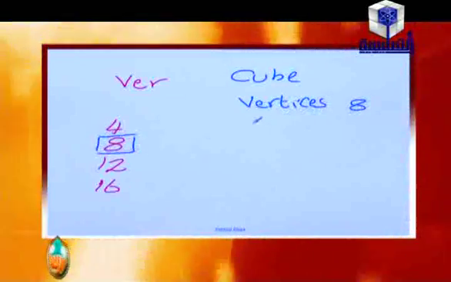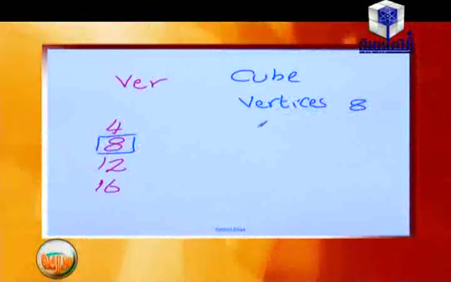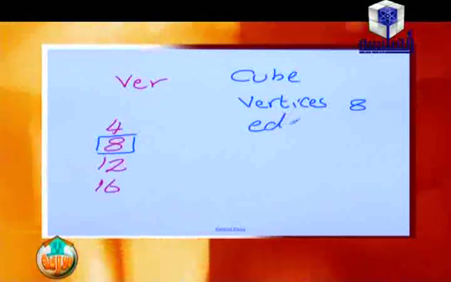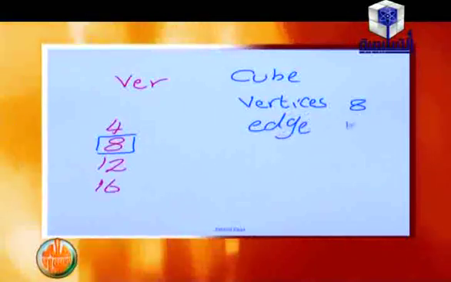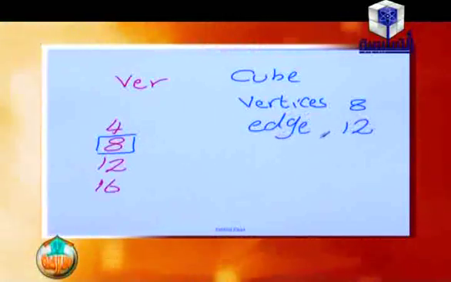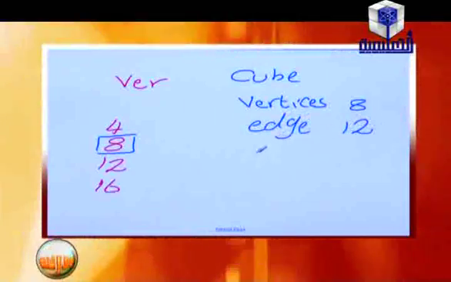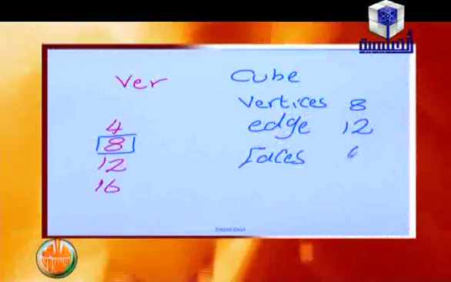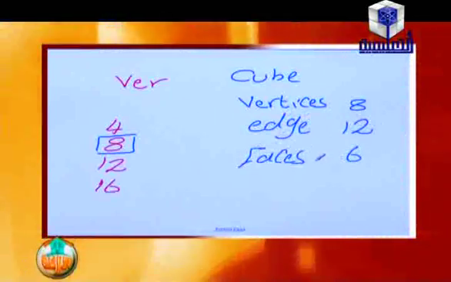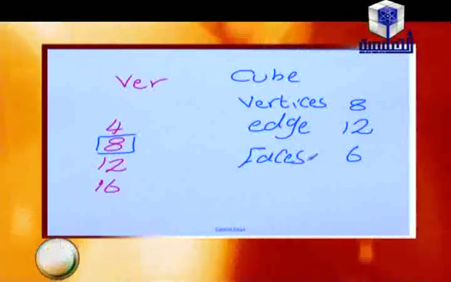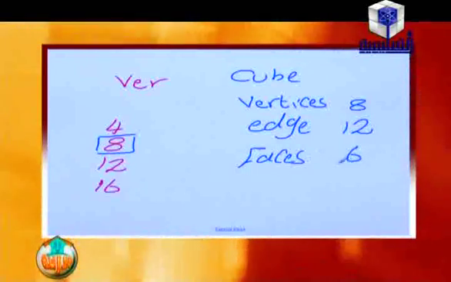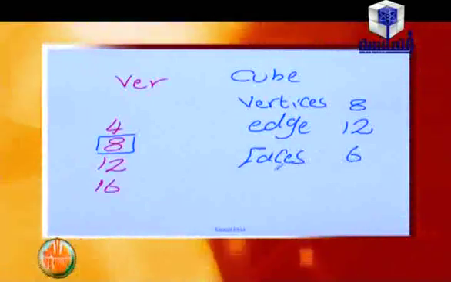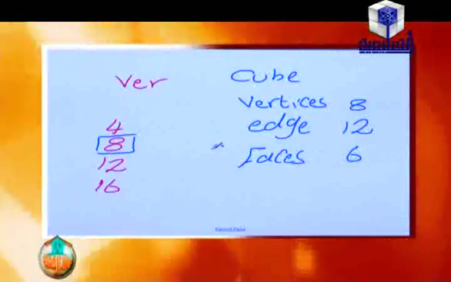And to identify other properties, we have the edges. The cube has 12 edges, and the faces of the cube are 6. We have 8 vertices, 12 edges, and 6 faces. Good, that is the key point.